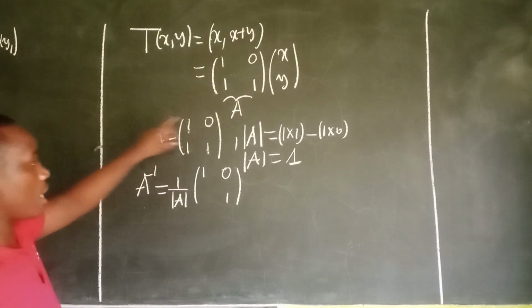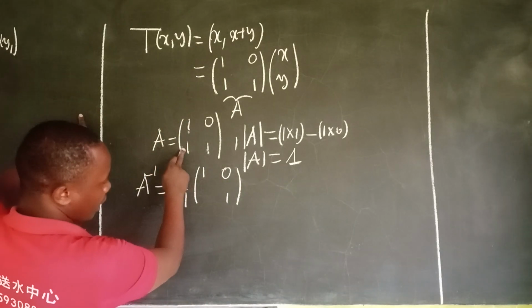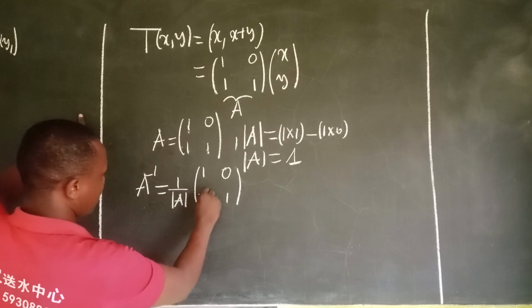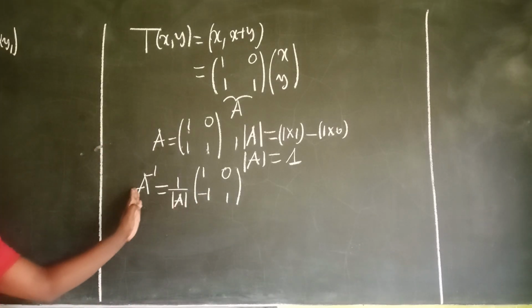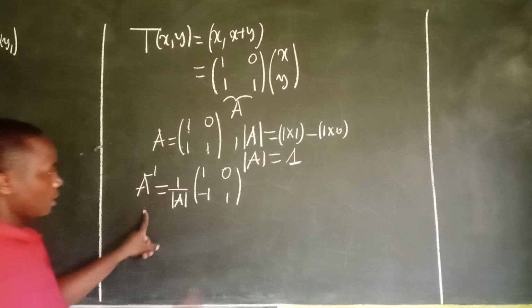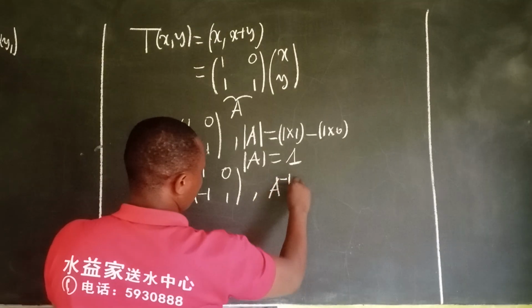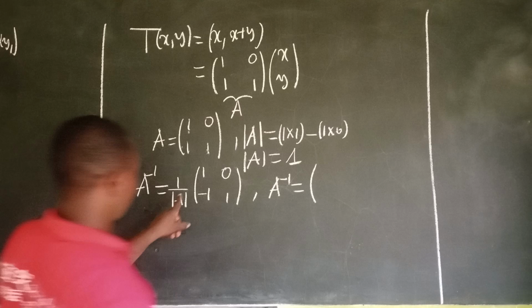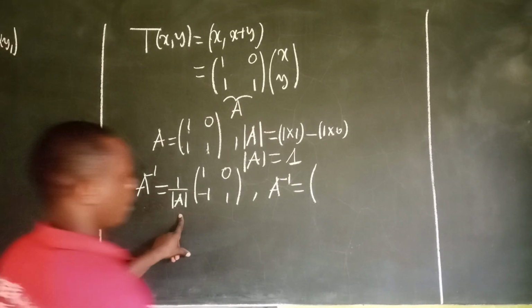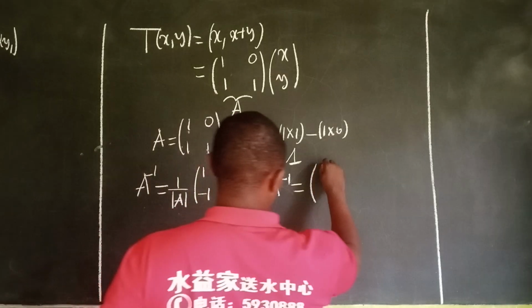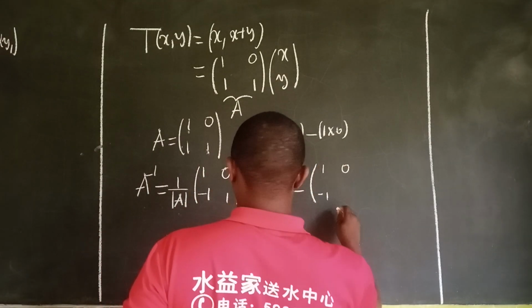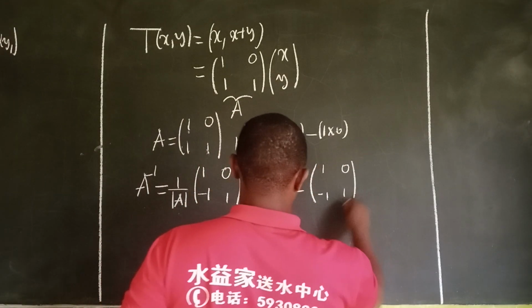Minus times 0 is 0, and minus 1 times 1 is negative 1. Since the determinant of this matrix A is 1, the inverse of this matrix will be 1 over 1 times the adjoint. This is [1 0; -1 1].